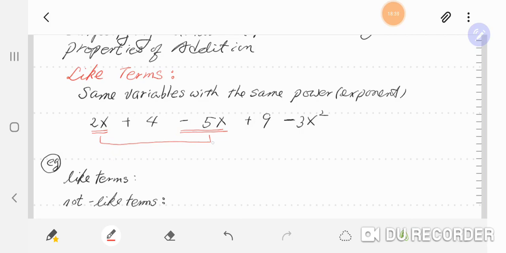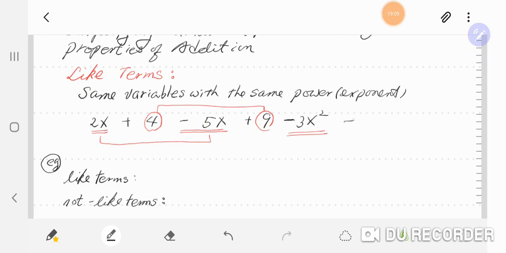All right. How about the numbers? Positive 4 and positive 9. These 2 are also like terms. How about negative 3x squared? It is the only one, so it has no like terms. It has only one variable term.